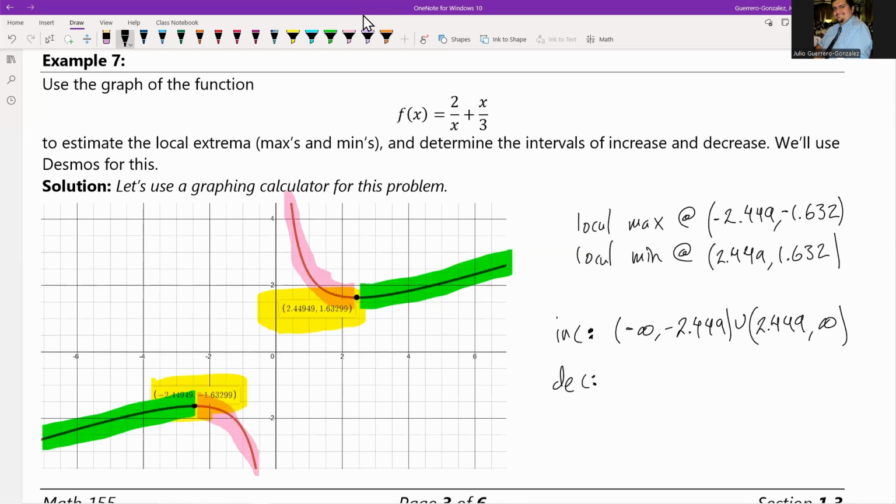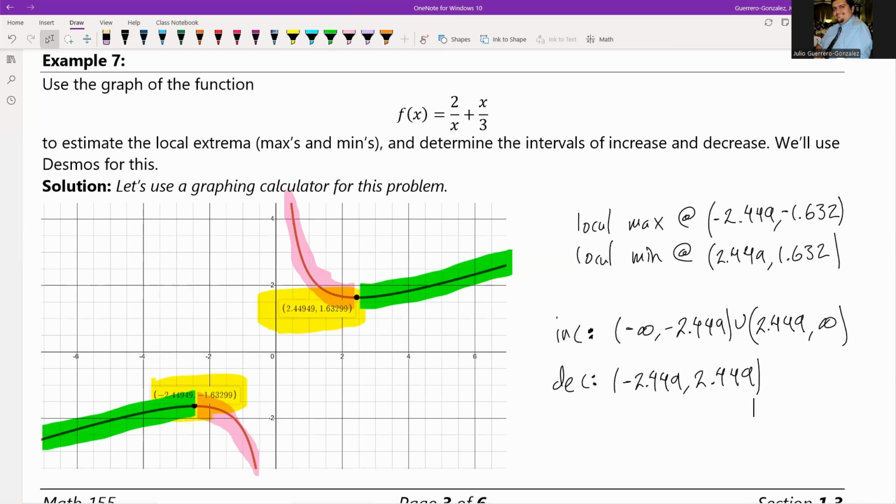The x values, that's what we're referring to, right? And then everything in between, right? Negative 2.449 comma 2.449. These are the pink regions that I have highlighted, right? That is where your function is decreasing.